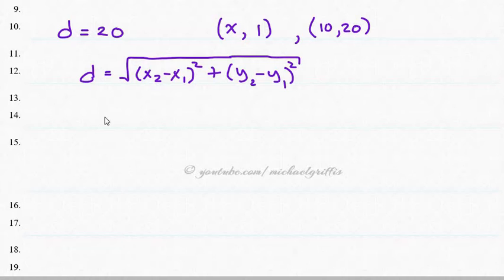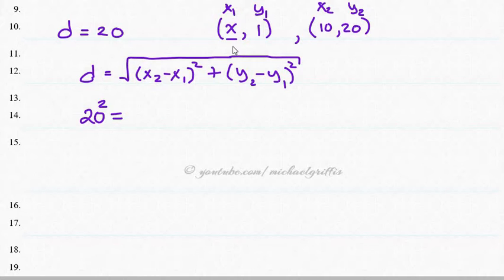Okay, so our distance is 20, is equal to, now I'm going to go ahead and square both sides to get rid of this square root. This is our x1 and our y1, x2 and our y2.